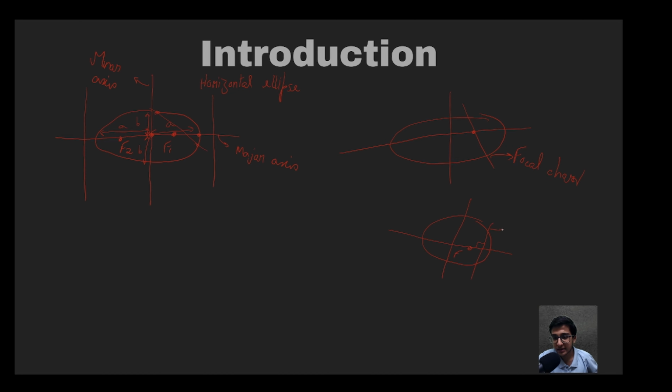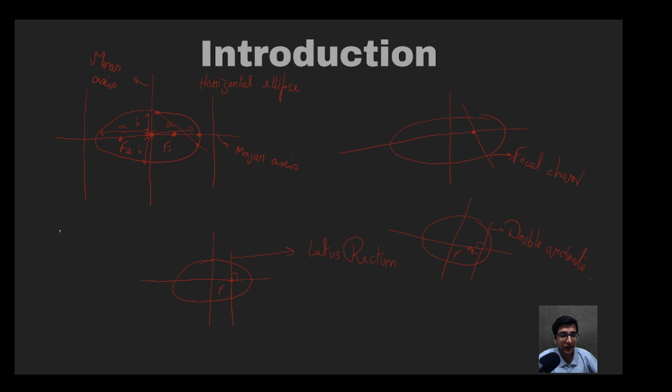The definitions of these terminologies are the same as what we had studied in parabola. And if this double ordinate passes through the focus, then it becomes our latus rectum. So if this is our ellipse, this is our focus, and a chord passes like this, at 90 degrees to the major axis, then we call this the latus rectum.